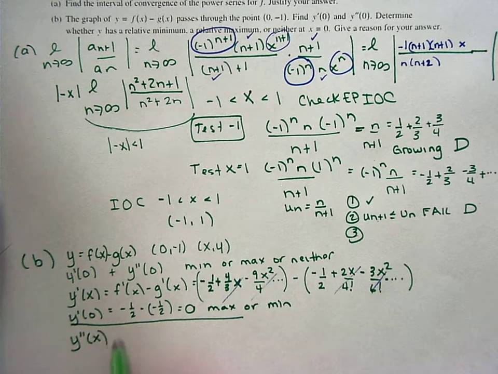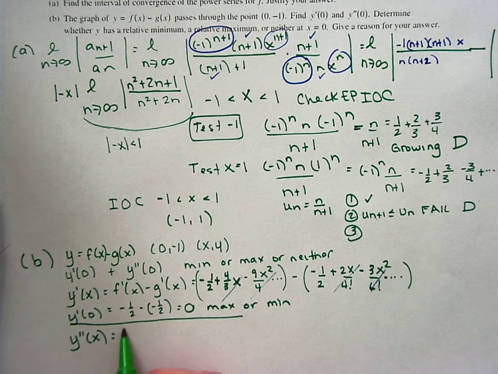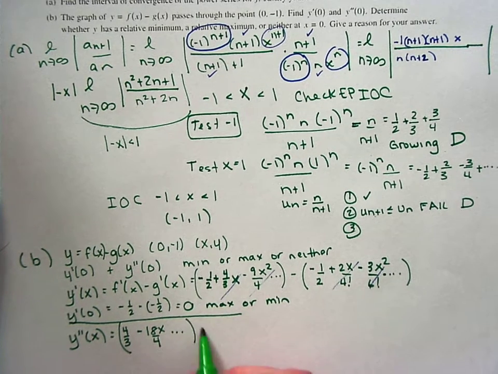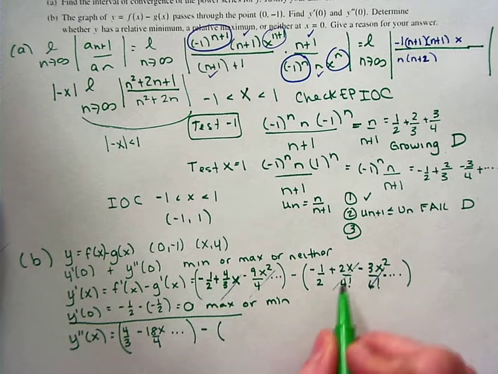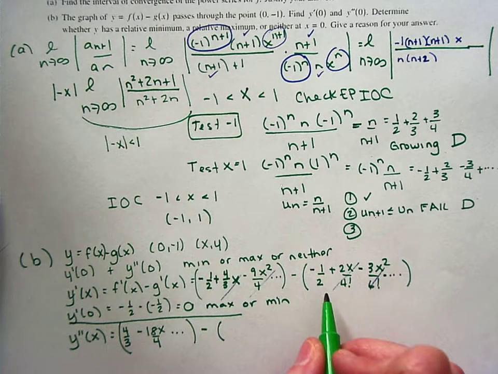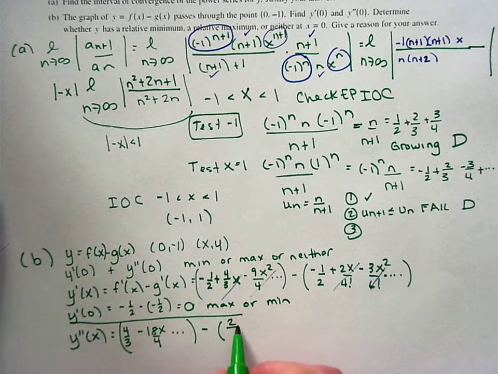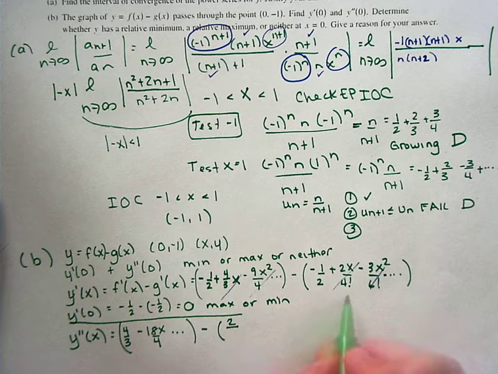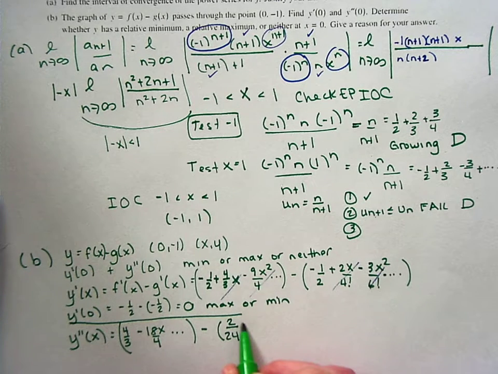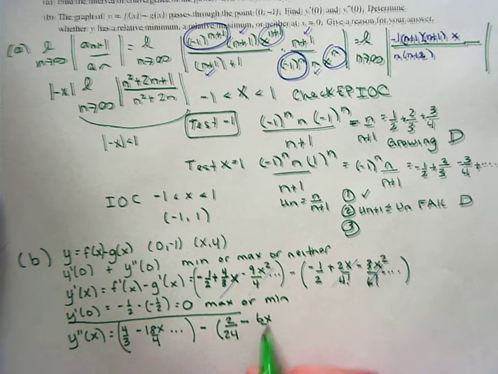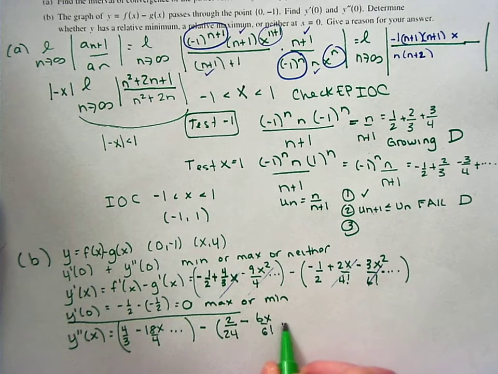So let's take the second derivative. We're going to end up with 4/3 minus 18x over 4, dot dot dot, and then we're going to subtract from there 2 over 4 factorial, which is 24, minus 6x over 6 factorial, dot dot dot.